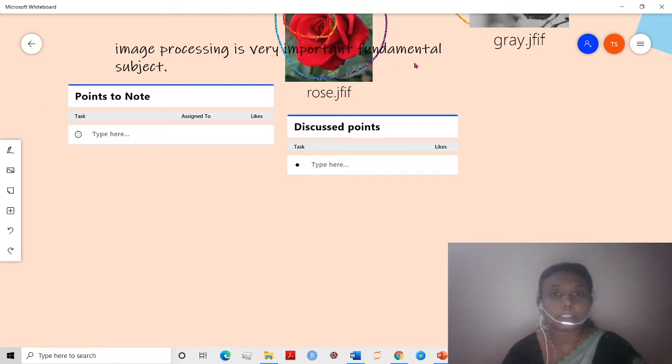So this is a very important fundamental subject. If you get a grip on these subject topics, then you can do deep learning, neural networks, and research topics, and implement and test any software and manipulate pictures and videos very effectively and easily.